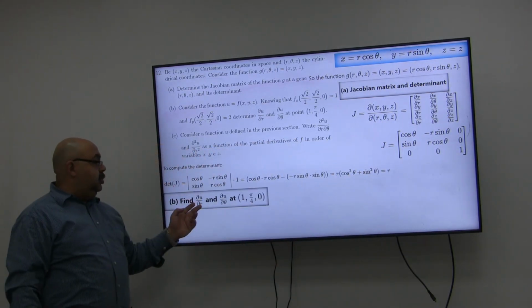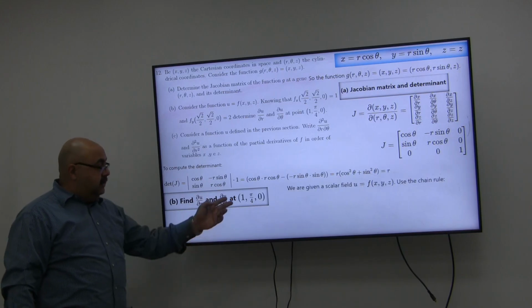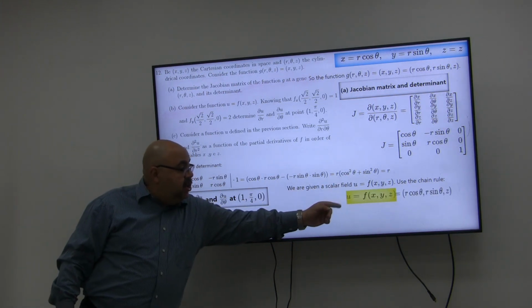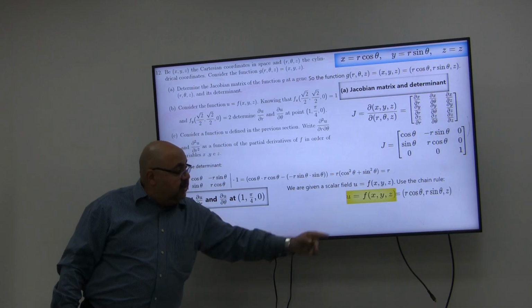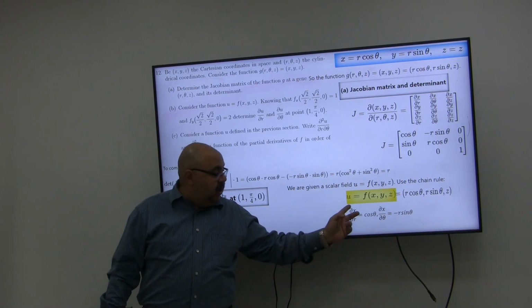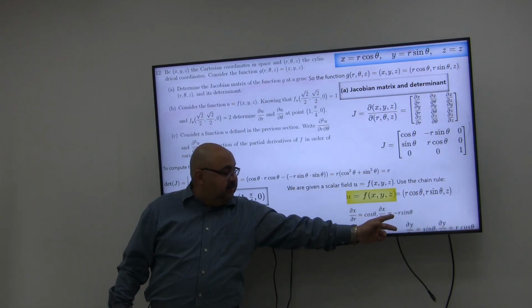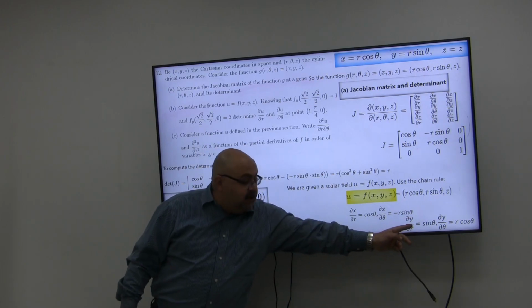Find the partial u, partial r, and the partial u, partial theta at the indicated point. This is u, f of x, y, and z. Use the chain rule. U is f of x, y, z with x equal r cosine theta, y equal r sine theta. So partial x, partial r is going to be cosine theta, partial x, partial theta is negative r sine theta. This is partial y, partial r, partial y, partial theta.